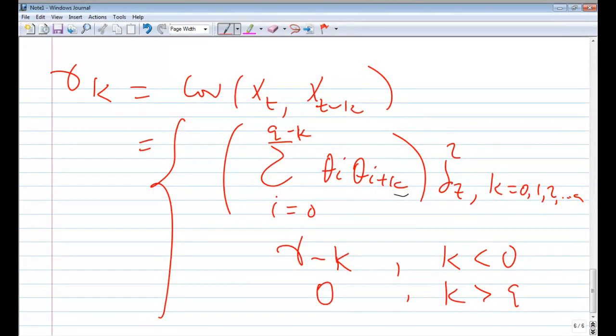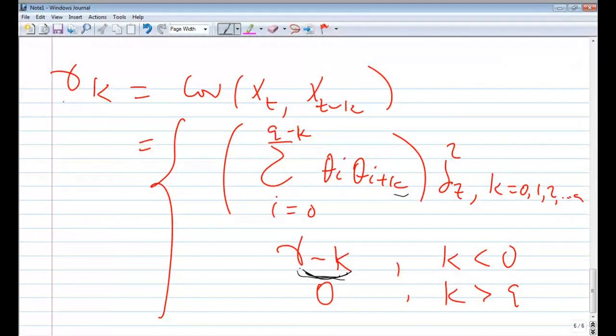Can you repeat those conditions again? I'm saying gamma k can be equal to gamma of minus k, if you want your k starting from minus 1, minus 2, and so on.